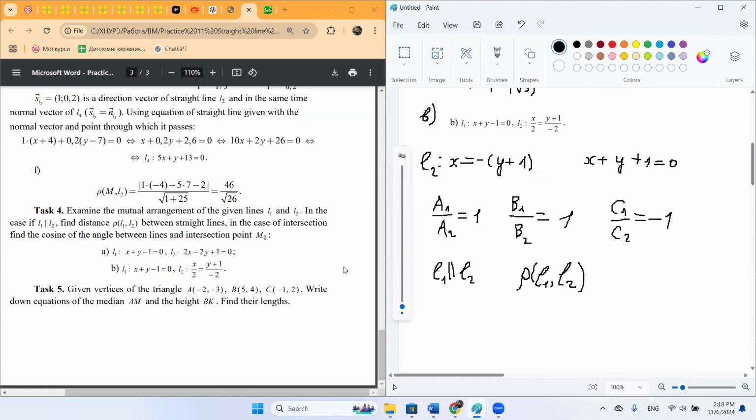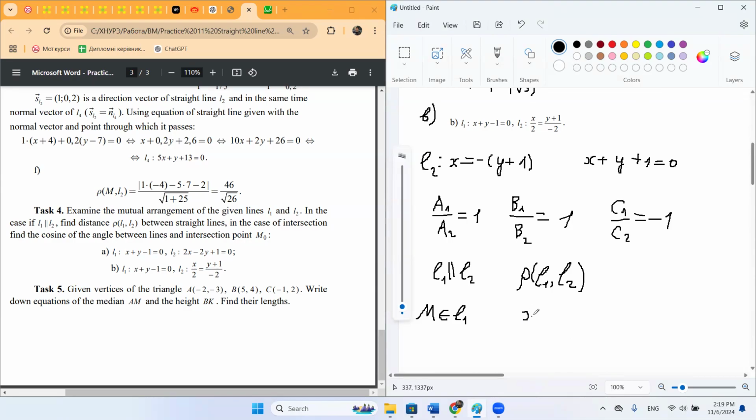So no ideas. We need to find a point that belongs to either L1 or L2. Okay, so let's find the point M that belongs to L1. Which coordinates do you suggest to select? Basically, the equation looks quite convenient, without any fractions calculations. So which point do you suggest? 1.